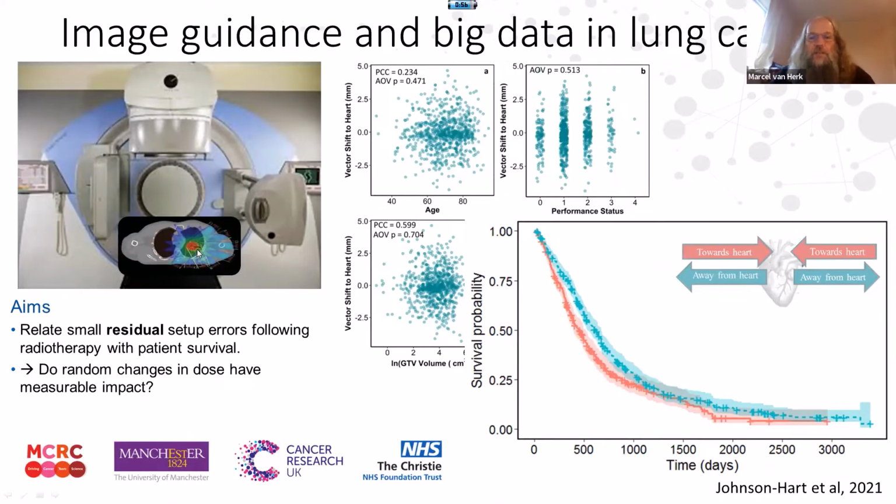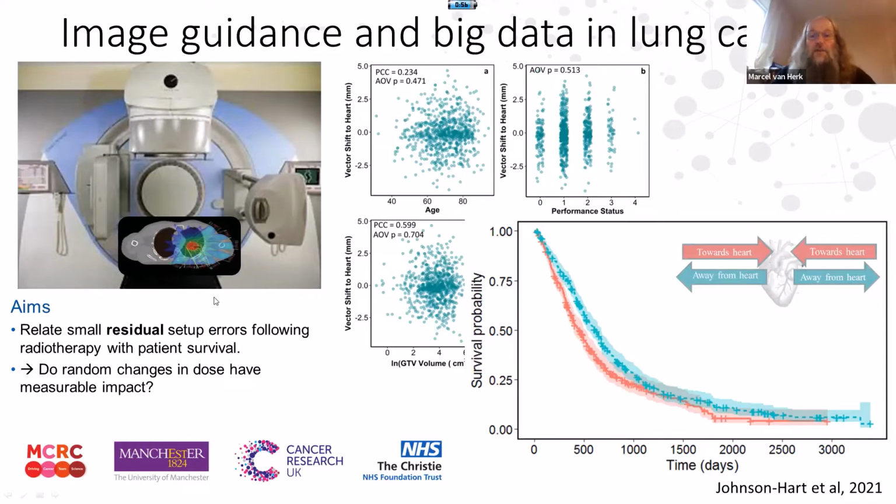But when we set up these patients, there are always small residual errors in how the patient is set up. What she did is correlate those small residual errors first with clinical variables to show that they were truly random. So these random shifts of maybe plus or minus a millimeter or two are totally random. And those shifts affect the dose to the heart. If the shift is towards the heart, then there will be more dose given to the heart.